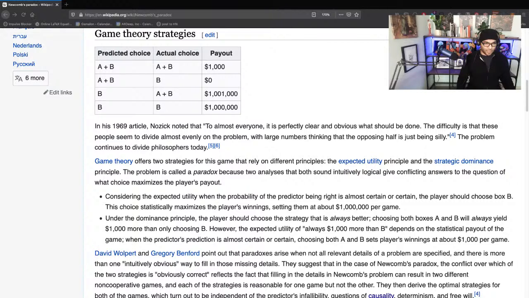What I want is, we're going to assume the predictor has a perfect probability of being right.